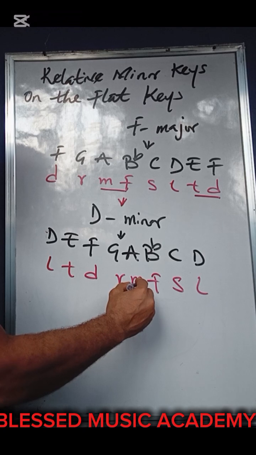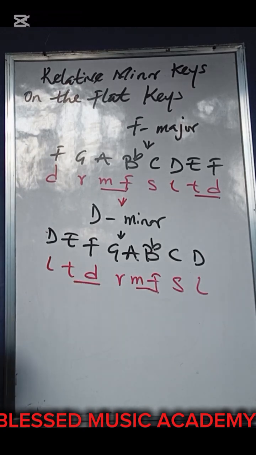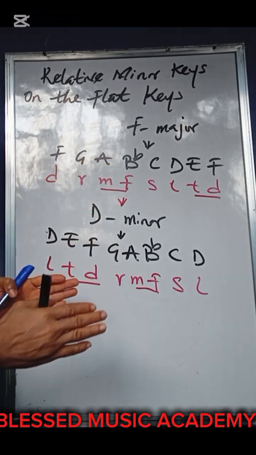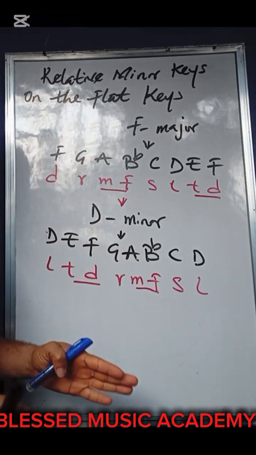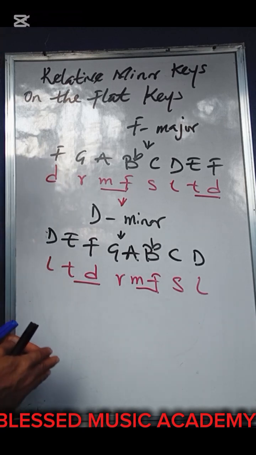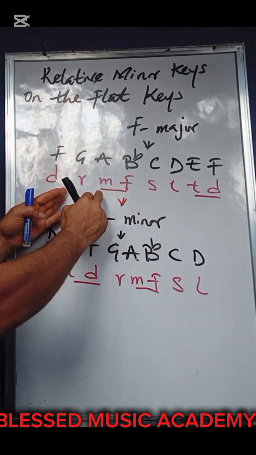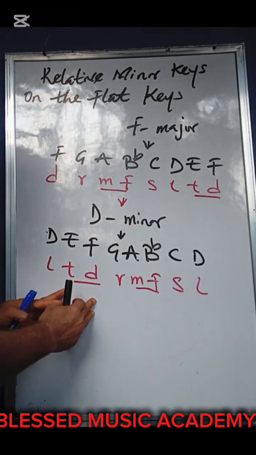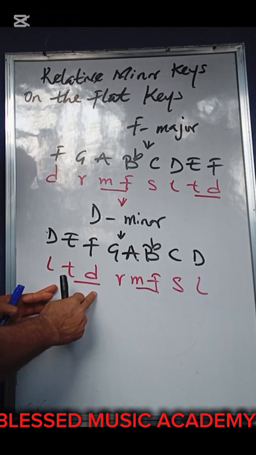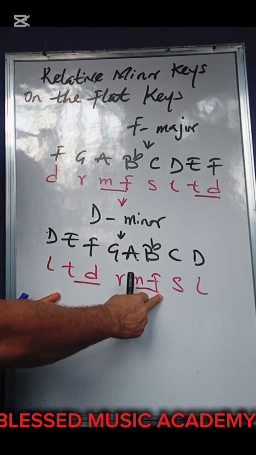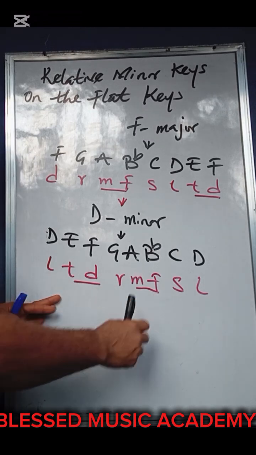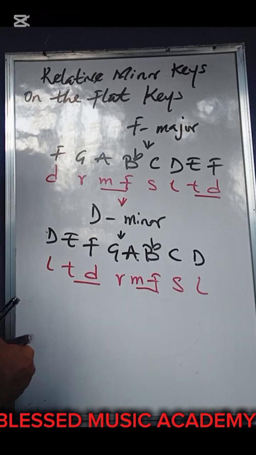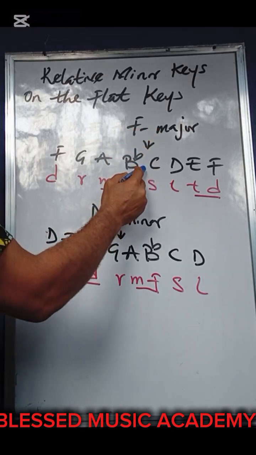Between mi and fa is a semitone, ti and do is a semitone. So the difference between a major key and a minor key is the position of their semitone. In a major key the semitone is between the third and fourth, seventh and eighth. In a minor key the semitone appears between second and third, and fifth and sixth.